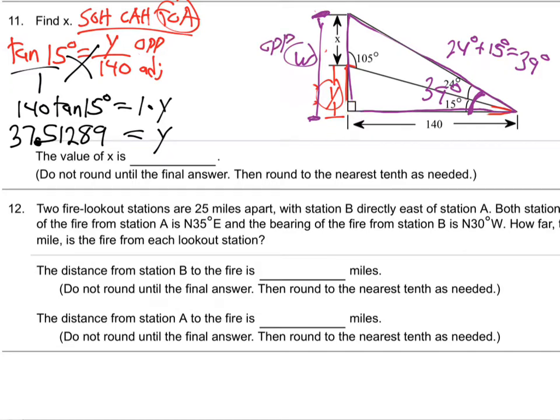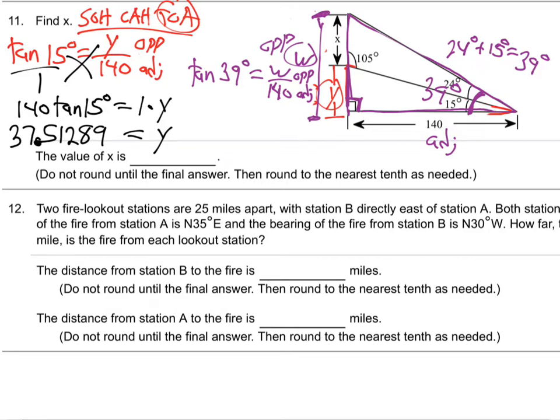So opposite over adjacent again. I can just do tangent, because we still have a right triangle. I don't have to do law of sines. I can just do SOHCAHTOA because it's a big right triangle. Tangent of 39 is opposite, W, over adjacent, 140 again. And once I find W, I can just subtract y and I'll have x.